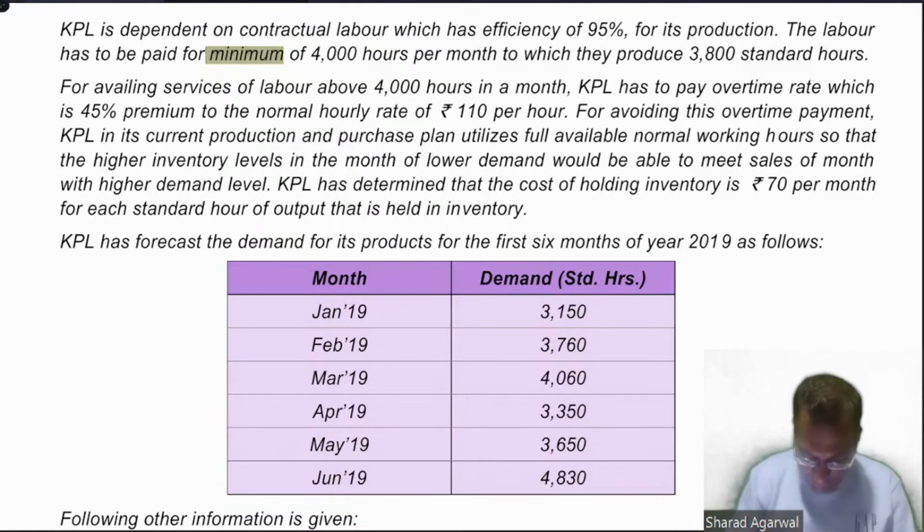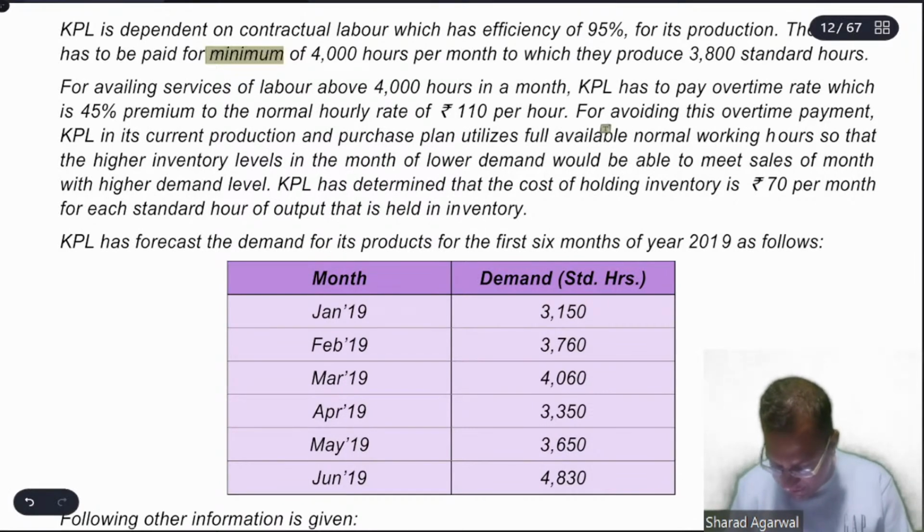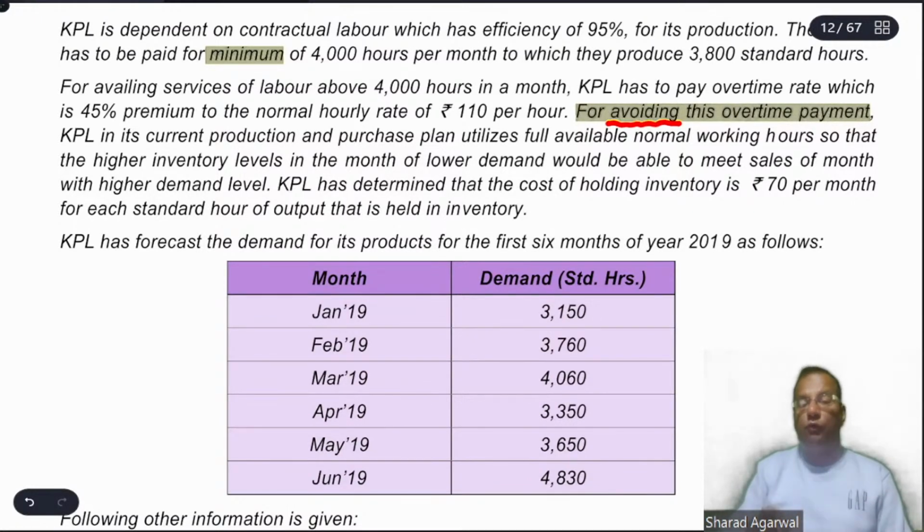In this particular question, there will not be any overtime working in the non-JIT system, because it is clearly mentioned to avoid this overtime payment. The word is avoiding, not reducing the overtime payment.